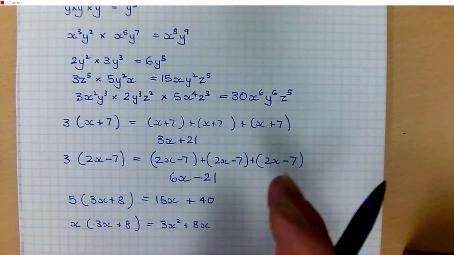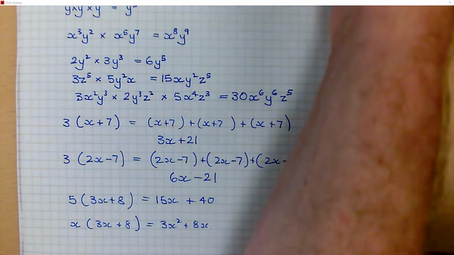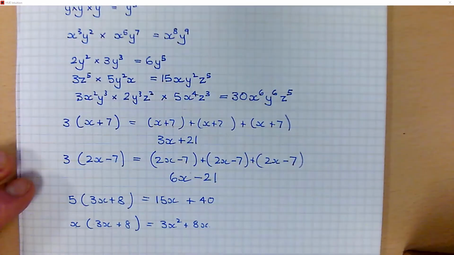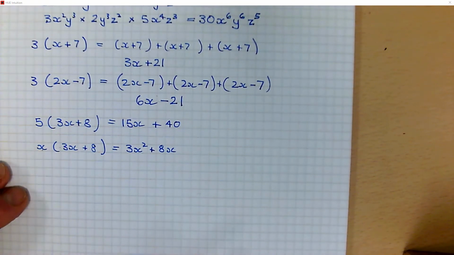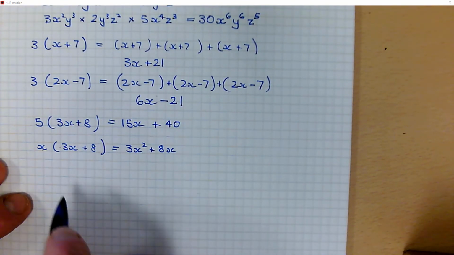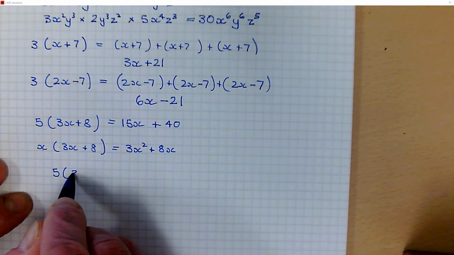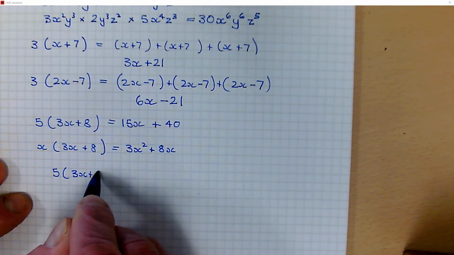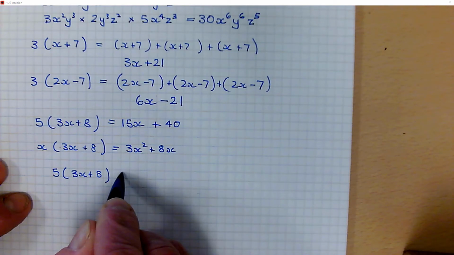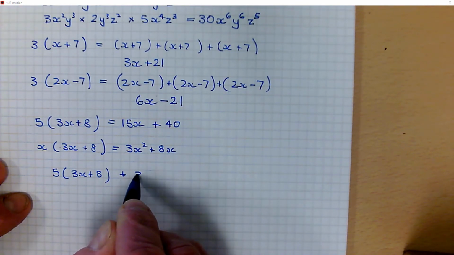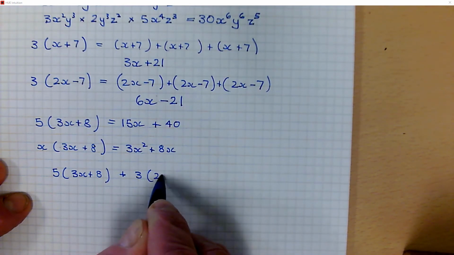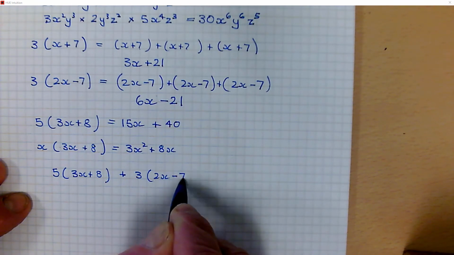The last thing we were doing is we were looking at expanding and simplifying. So, for example, it would be something like this. 5 lots of 3x add 8, add 3 lots of 2x minus 7.